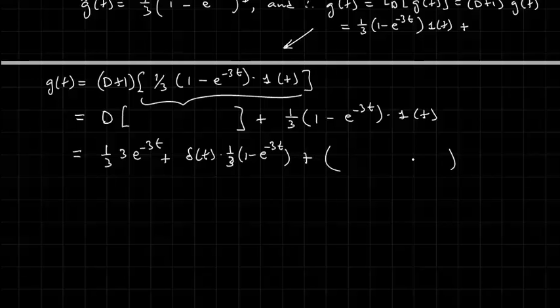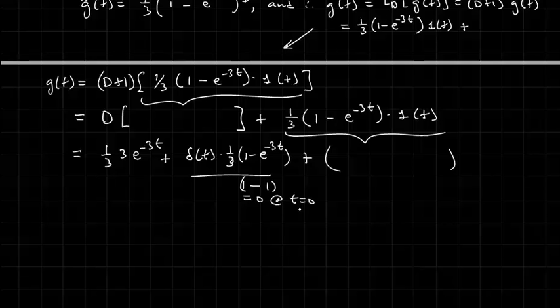Plus this whole thing. Now let's look at this right here. The delta function is non-zero only at time 0, right? But at time 0 we get 1 minus 1 equal to 0 at t equal to 0.